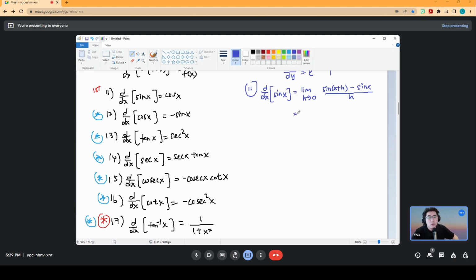From trigo you just learned the A plus B formula, so let's try to write it out. So I will have sine x cos h plus cos x sine h, minus sine x, over h.